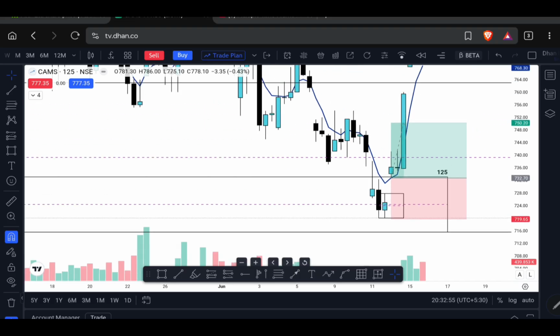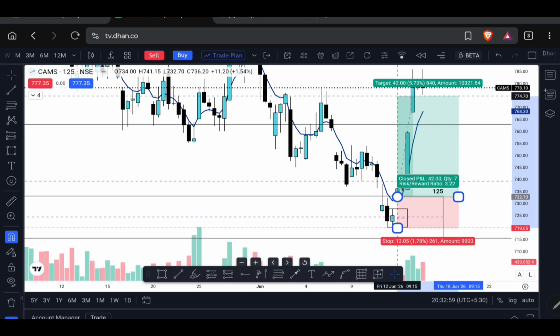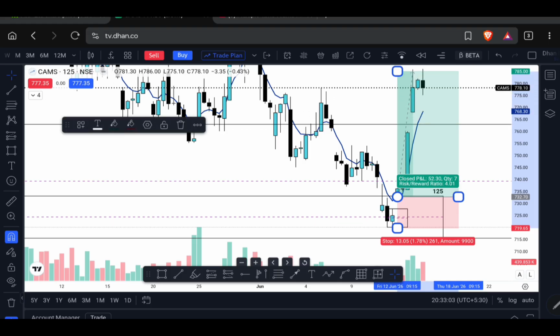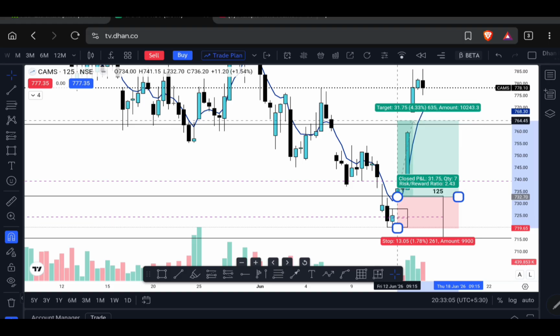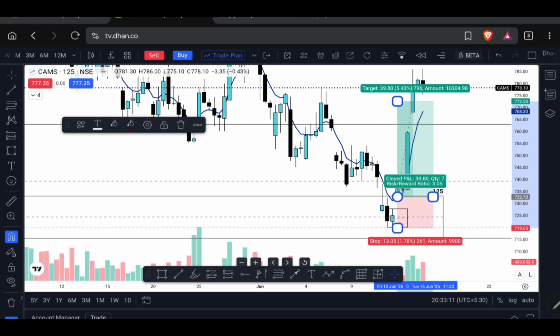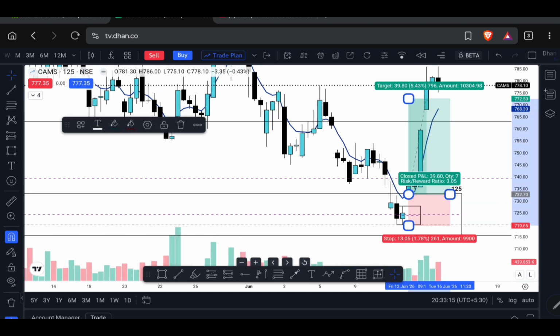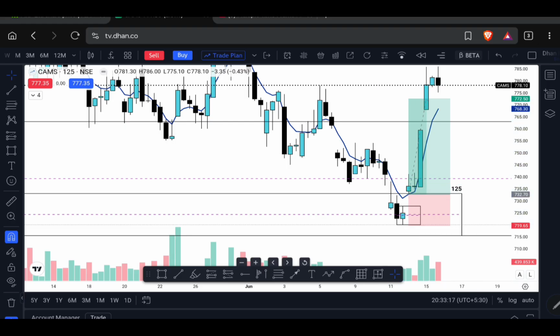Your entry has triggered and your target should be 1:3 at least. In this case, it has moved so far, but it will not happen every time. So just for safety purposes, we will keep it as 1:3 risk per reward.